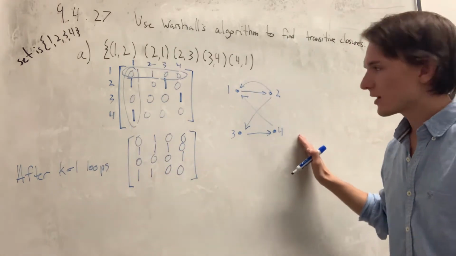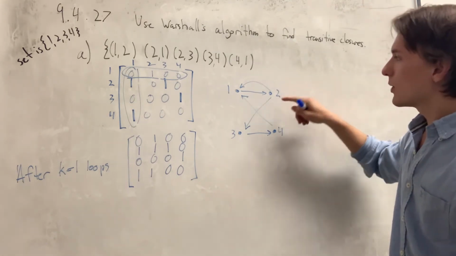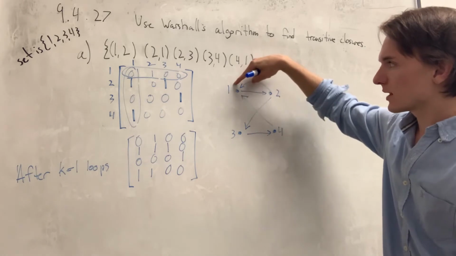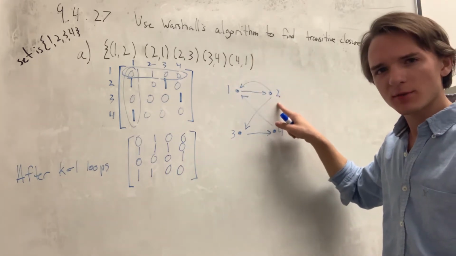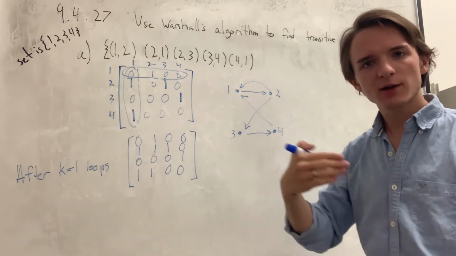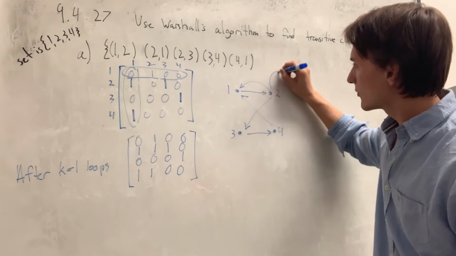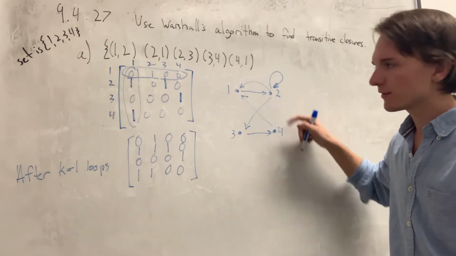Let's look at it as a digraph. We added 2, 2 because we have that 2 points to 1 and 1 points to 2. Why don't we just cut out the middleman? Let's cut out the 1 and simply say that 2 points back to itself. So after our first loop, we added an edge from 2 back to itself.